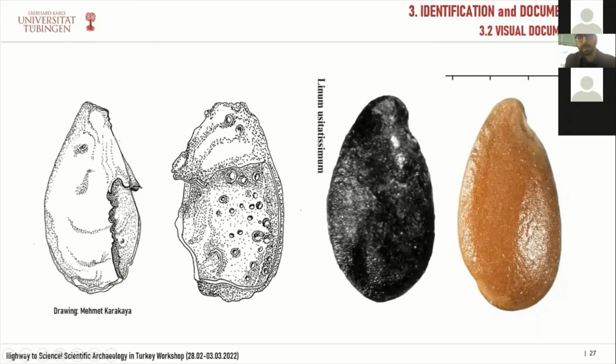So there is very rich oil inside the seed. Therefore, because of the carbonization, as you can see, this oil makes some bubbles here. And the illustrator shows two different views. As you can see, this is the lateral view actually. In the lateral view, one part is very much better preserved and the other part is not well preserved.